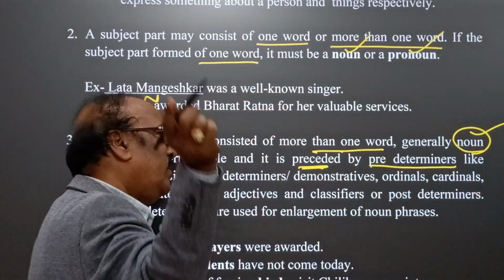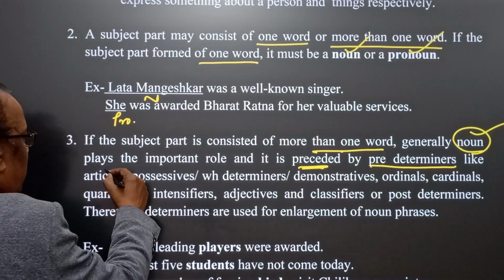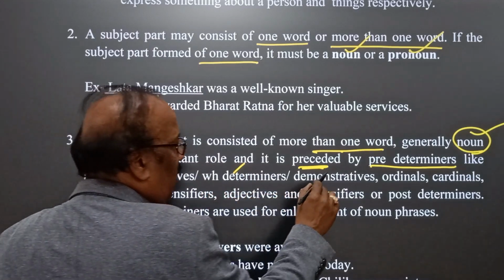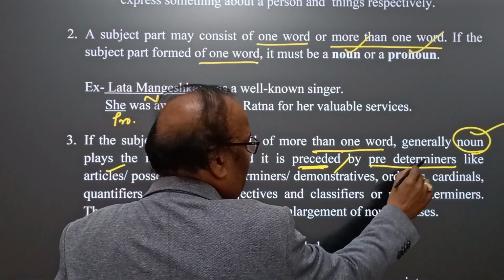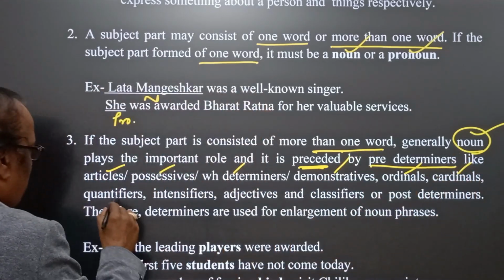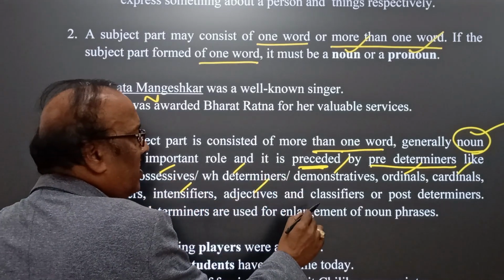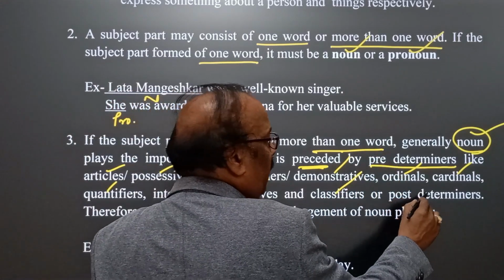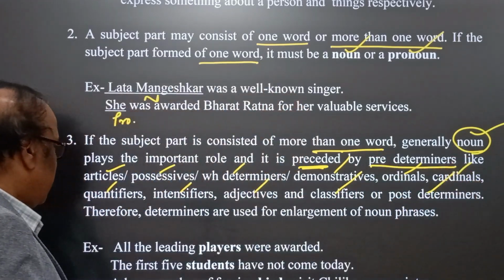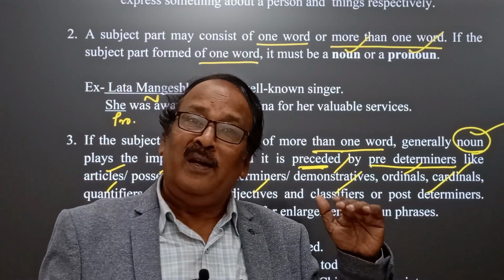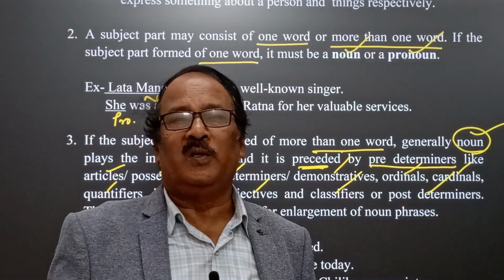Predeterminers, as we have discussed, are like articles, possessives, demonstratives, ordinals, cardinals, quantifiers, intensifiers, adjectives, classifiers, and then post-determiners. These matters have been discussed in the previous classes.